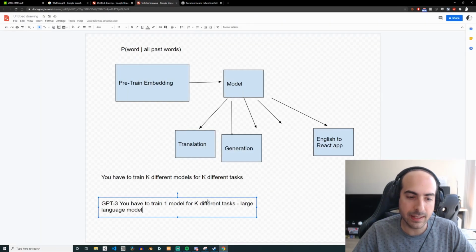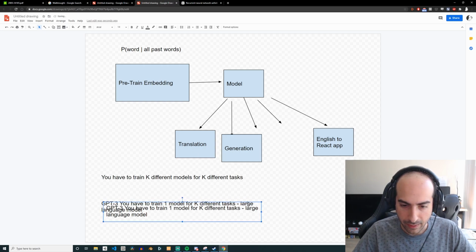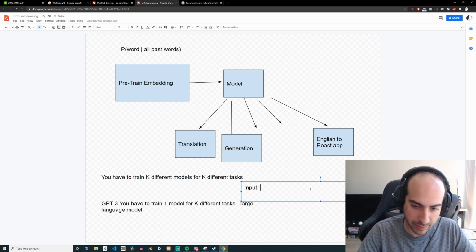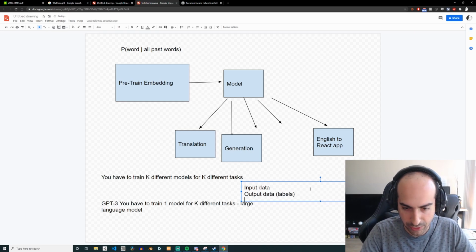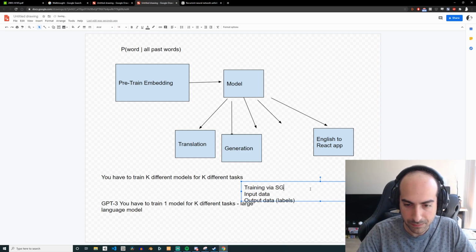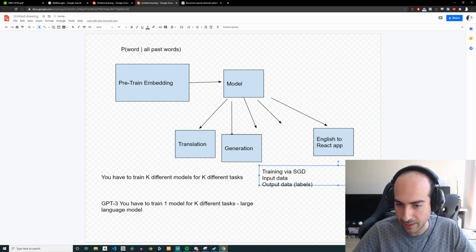However, the idea is instead of feeding a model the task as a data set, saying this is my input data, this is my output data or labels, and training via SGD, this is what it would typically be here.